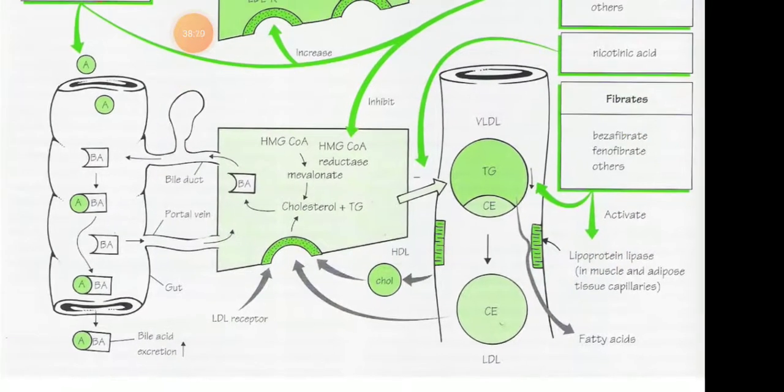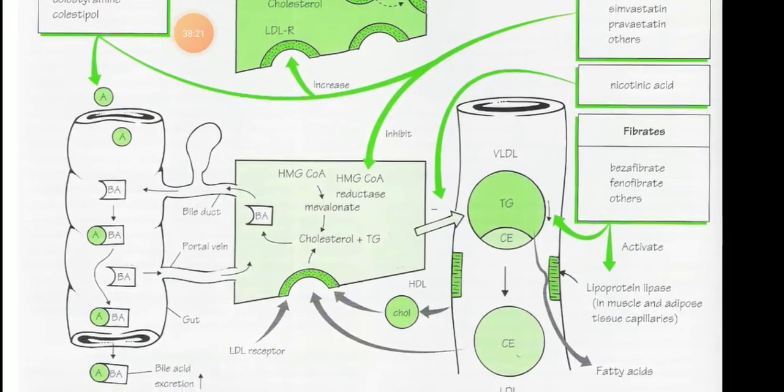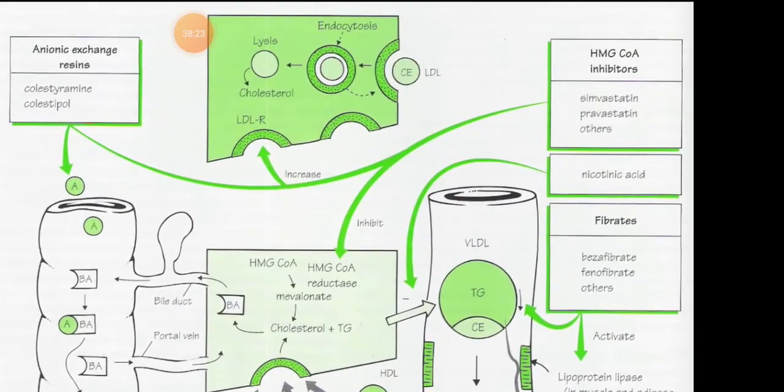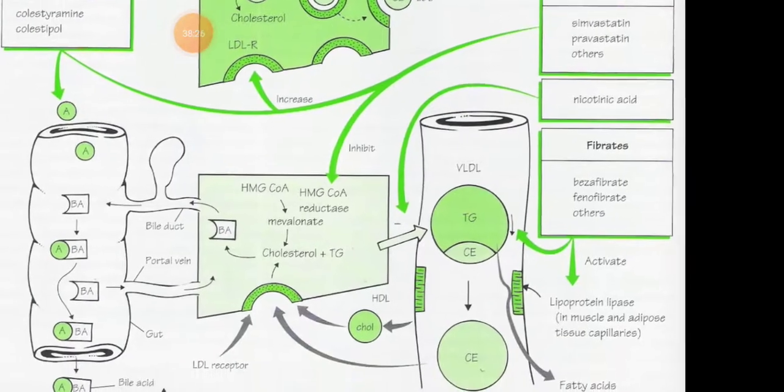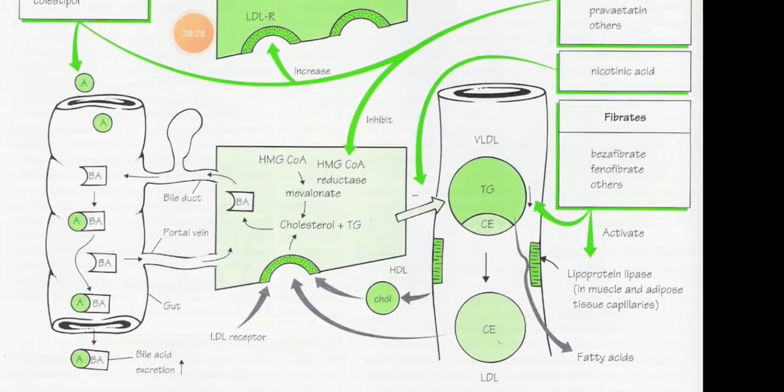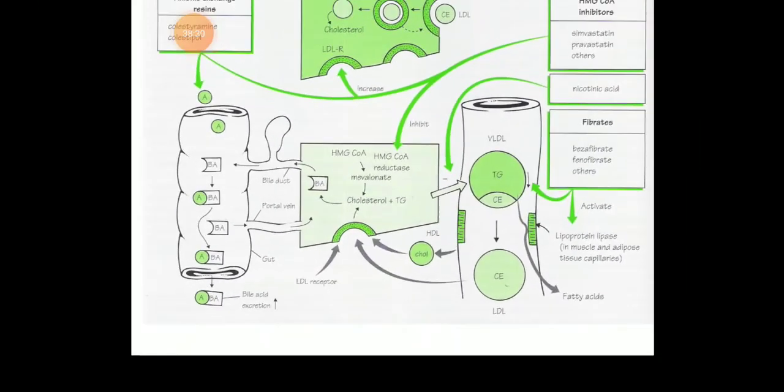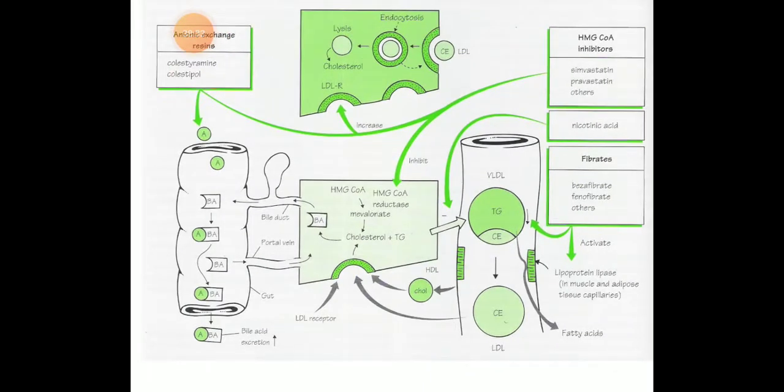There are some other drugs which can be combined with statins, and there are some newer drugs which have already started being marketed, which will be discussed later after the discussion of these primary drugs. In the next slide, I will show you the names of the newer drugs.